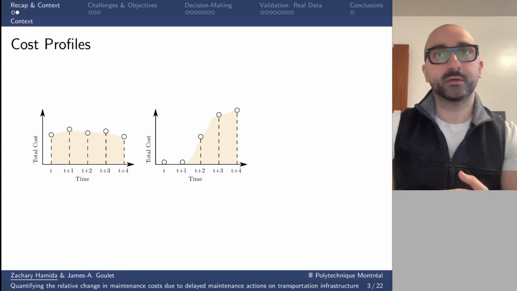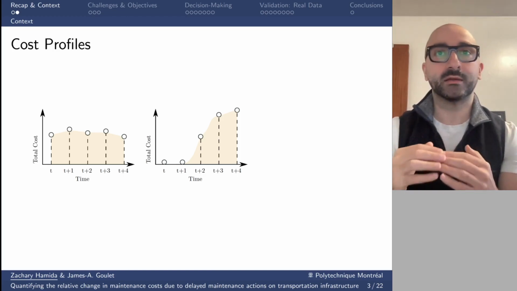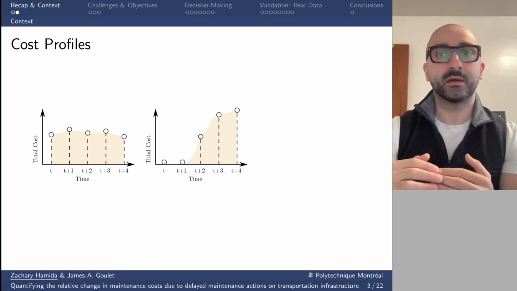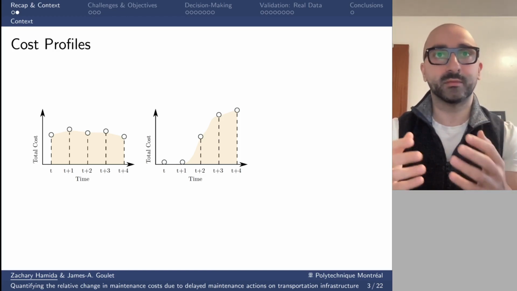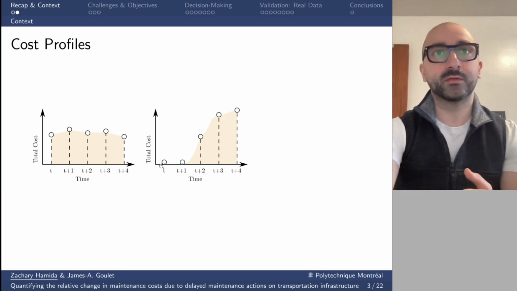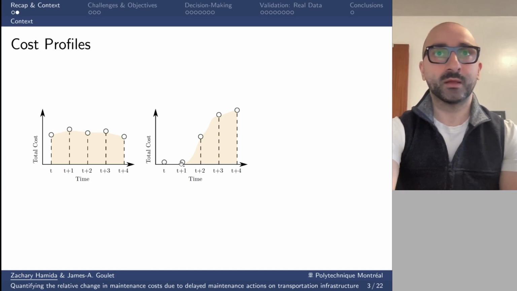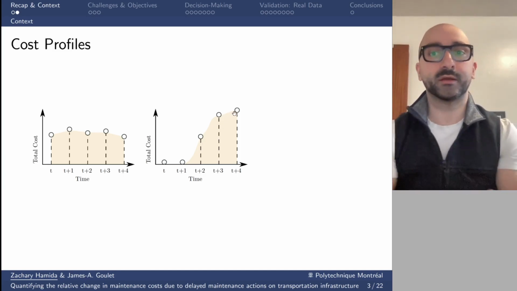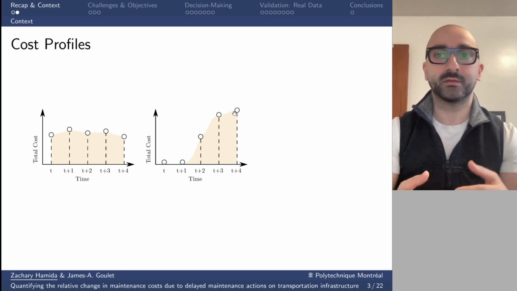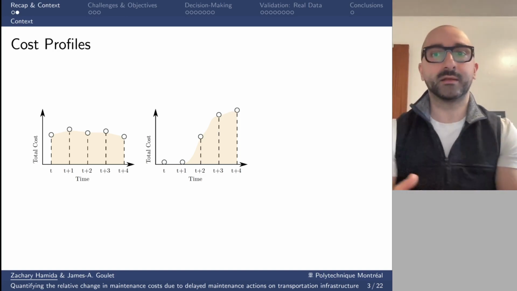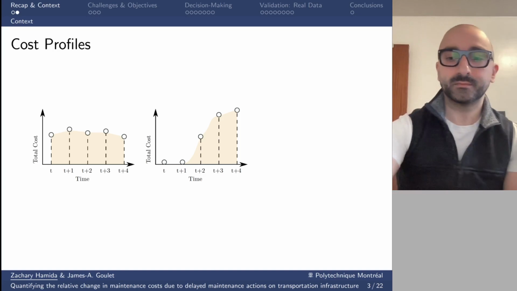There will be cost consequences that are much higher in general compared to following some maintenance policy. So you see in the present we would have low costs, but later on in the future there will be some incurred penalties and costs associated with delaying maintenance for too long.